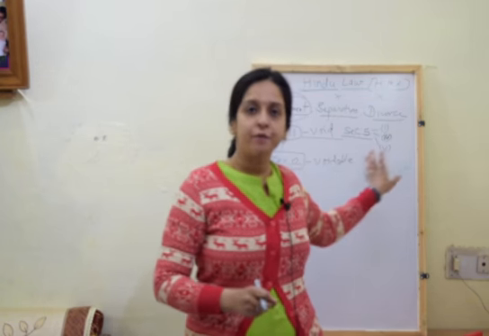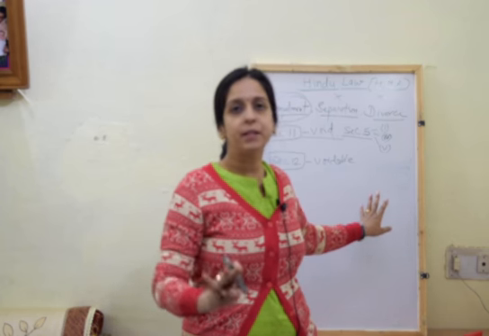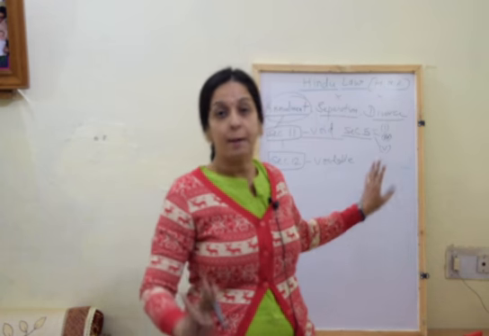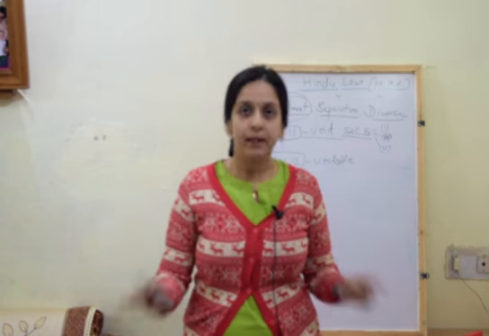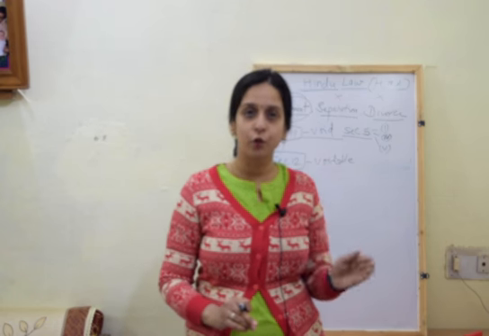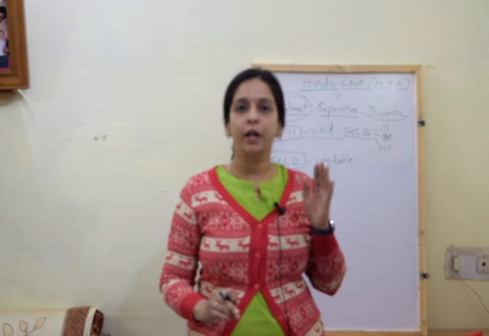Remember 5.4 and 5.5: if there is a custom under which marriage between two sapindas or two persons in the prohibited degree of relationship is allowed, it will be valid. But if there is no custom, then under section 5 clause 4 and clause 5, the marriage will be a void marriage.